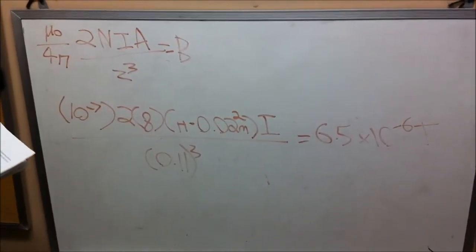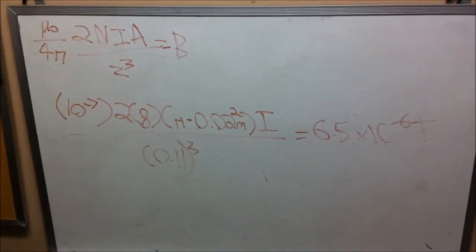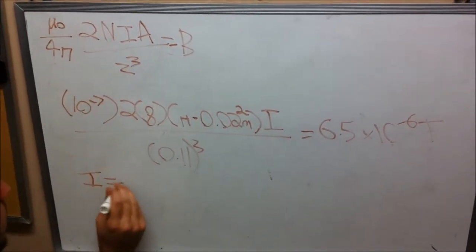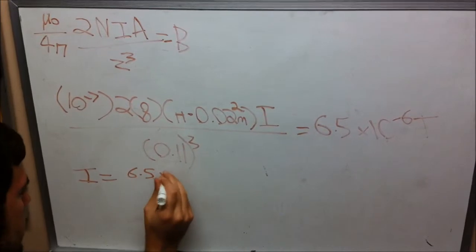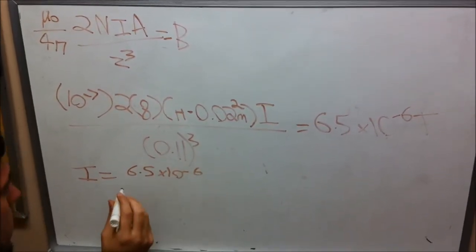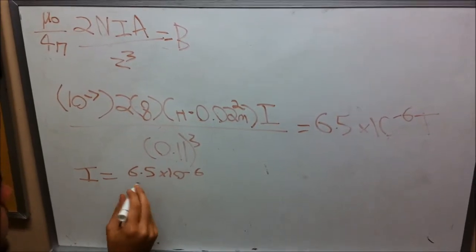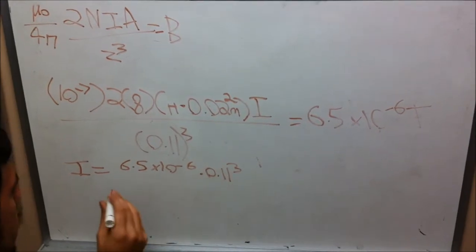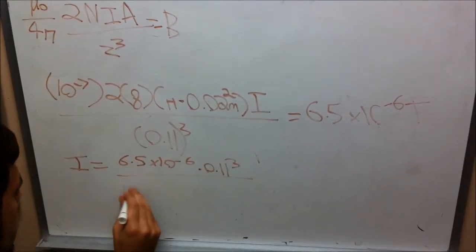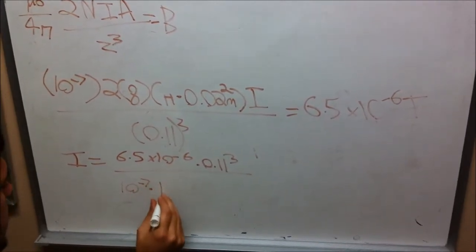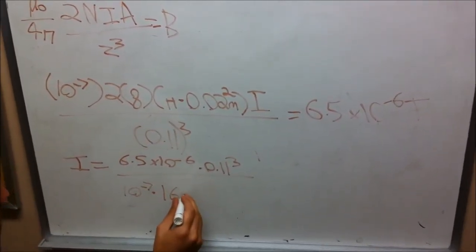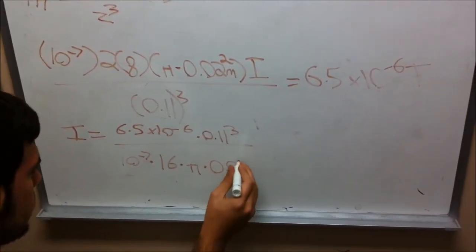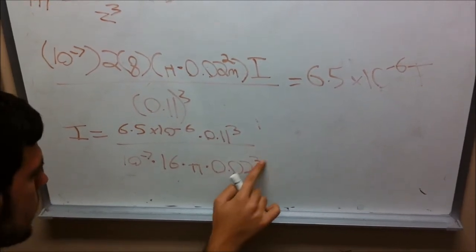Now, if we shift all of these variables to solve for I, the current, we find I equals 6.5 times 10 to the minus 6, and I'm going to take away the units for now and I'll replace them once we get the final solution, times 0.11 cubed over 10 to the minus 7 times 16, which is 2 times 8, times pi times 0.02 squared.